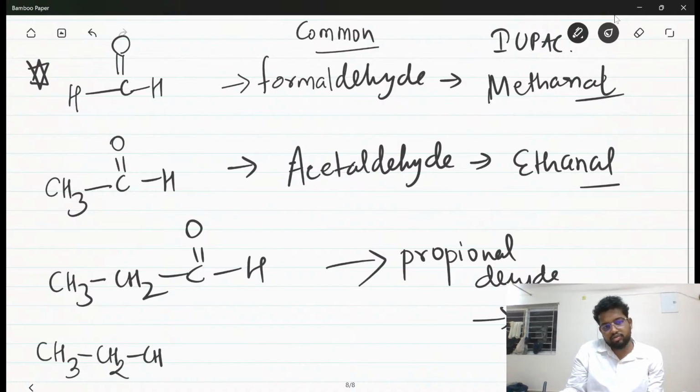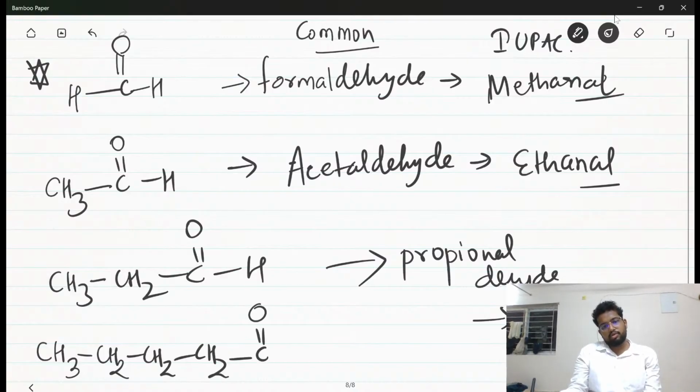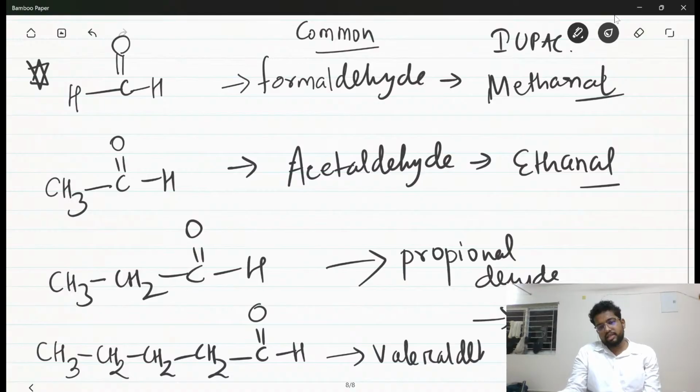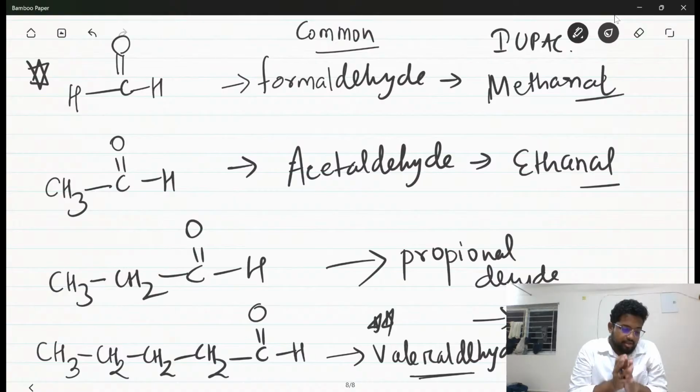CH3, CH2, CH2, CH2, C double bond O, H. What is this? Valeraldehyde. Valeraldehyde is the common name. It's an important one. Please note down valeraldehyde. Valeraldehyde is also known as pentanal. Pentanal means 5 carbon aldehyde.